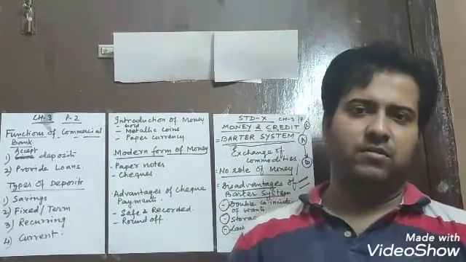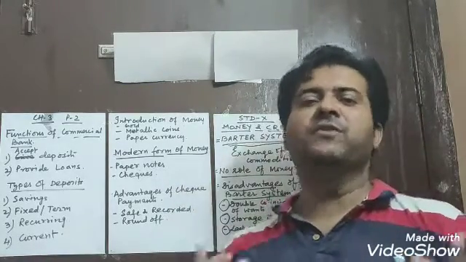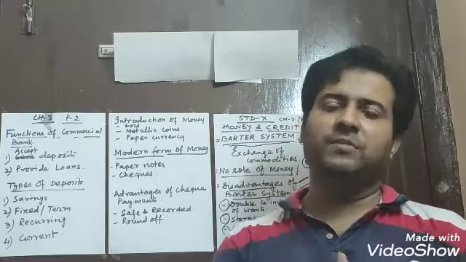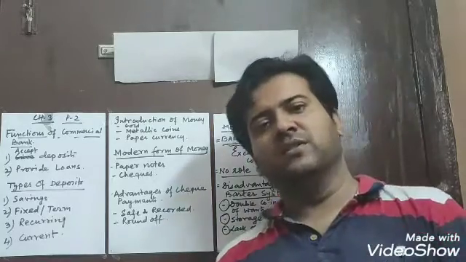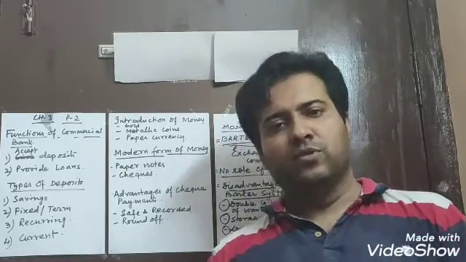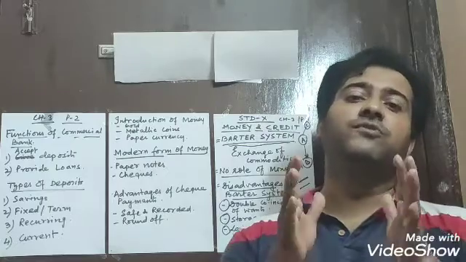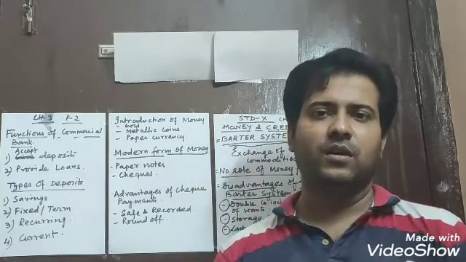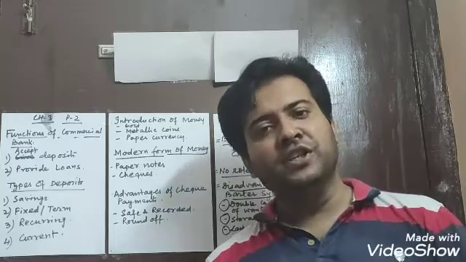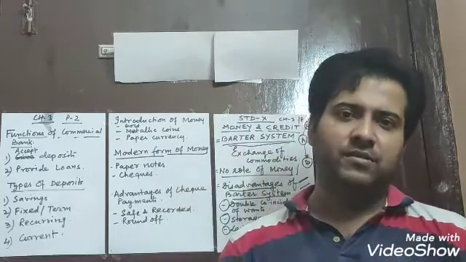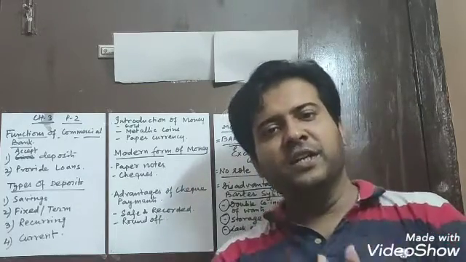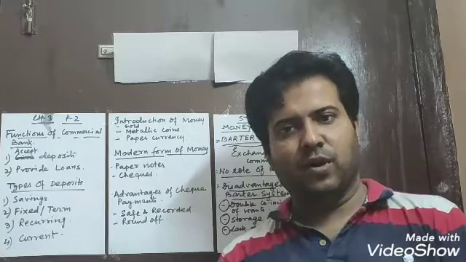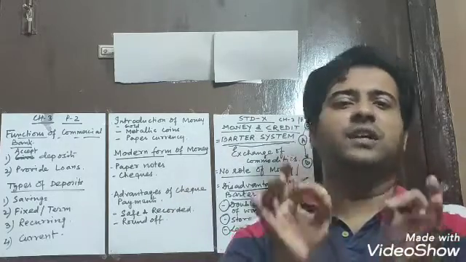The people, the traders, the customers, everyone took it as one of the most convenient modes of exchange. Because of the availability of various denominations, the divisibility factor also became very, very easy.